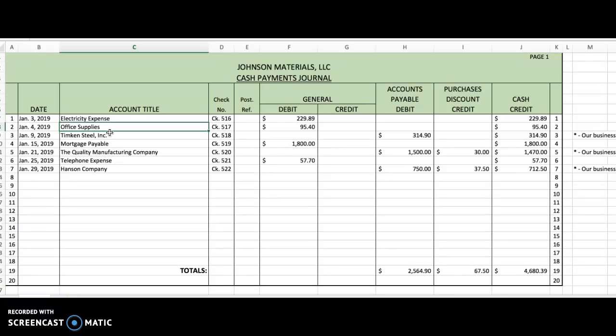The reason is that the purchases journal will be used for purchases of inventory, purchases of things that this business will resell, or perhaps purchases of raw material that we will manufacture and sell.